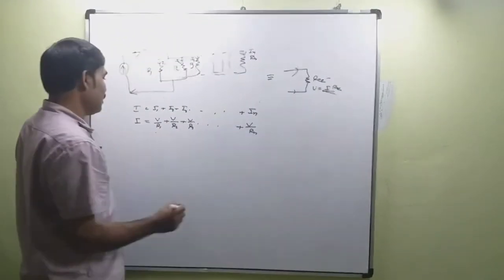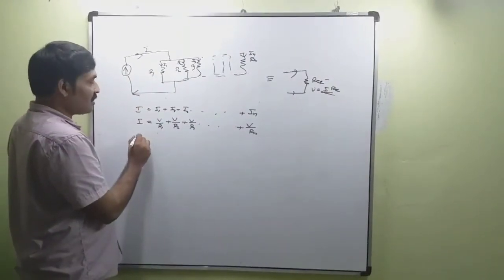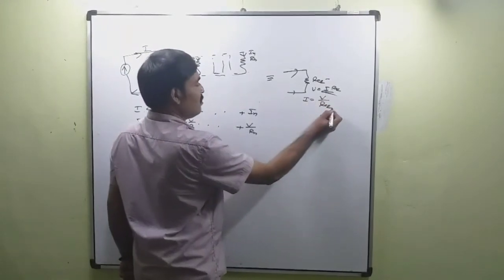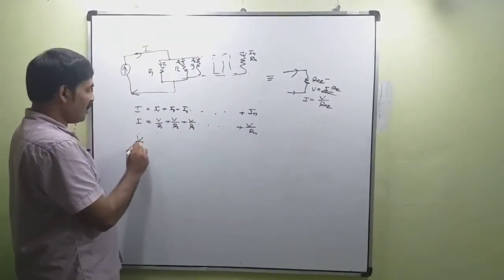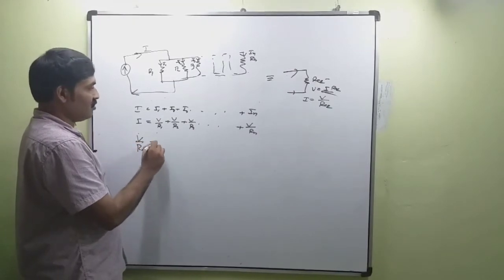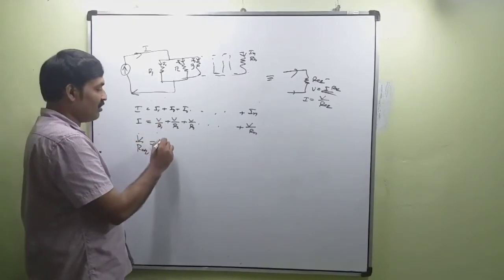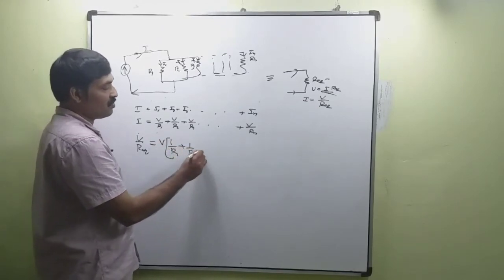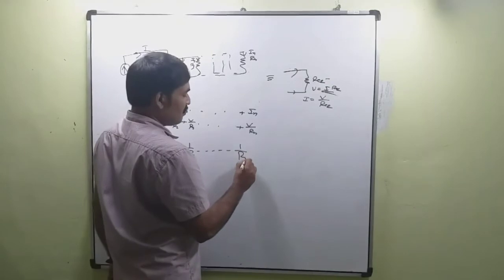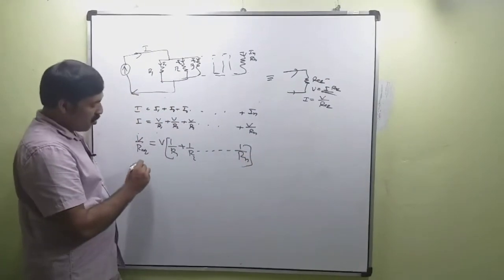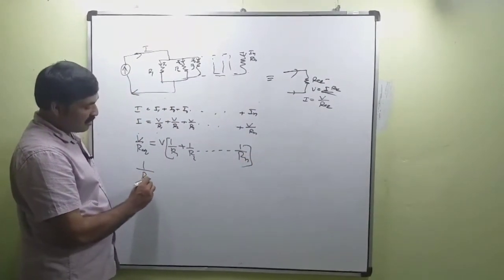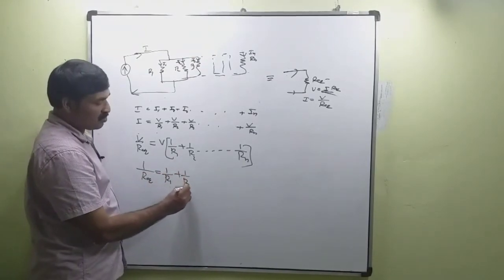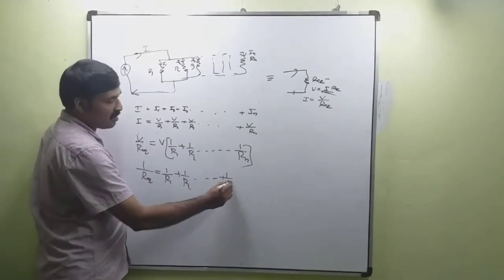So we can write I is equal to V by R equivalent, which is equal to V taken outside, into 1 by R1 plus 1 by R2 up to 1 by Rn. Or 1 by R equivalent is equal to 1 by R1 plus 1 by R2 up to plus 1 by Rn.